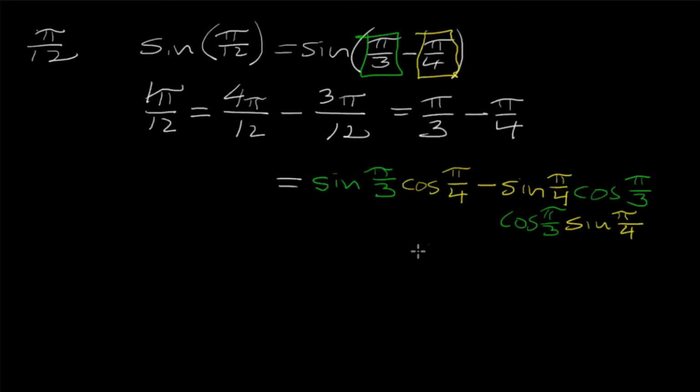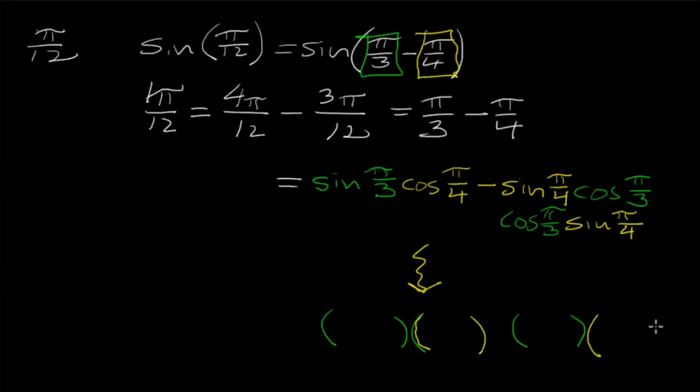And I'm going to save this one for later since you guys had questions on double-angle identities today. But once you have all of this, you can go to the unit circle and you can find out, okay, what is sine of pi over 3? What is cosine of pi over 3? What is cosine of pi over 4?